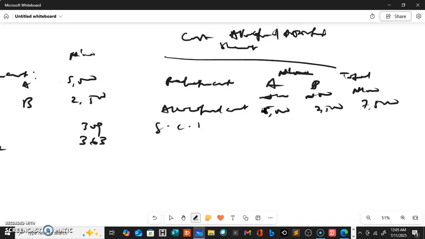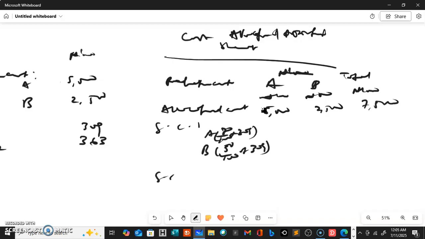So for service cost center 1, we have to give A, from the question, 30% of 309. B will receive 50% of 309.